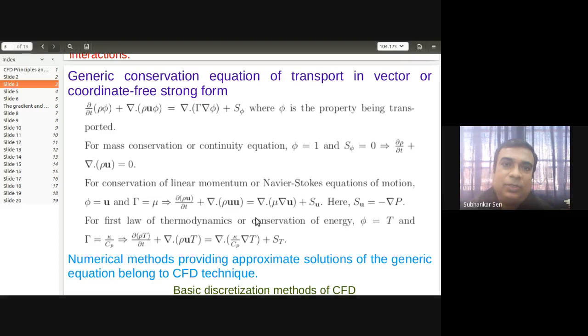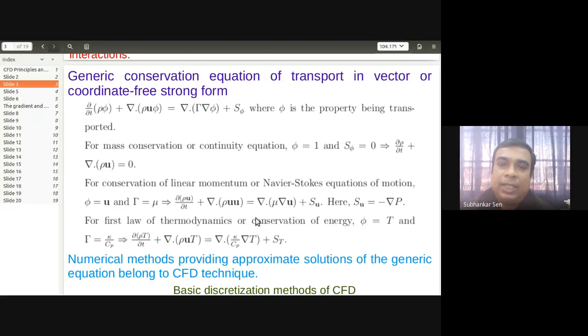So let us find out how we will derive the continuity equation from here. If we want to derive the continuity equation for mass conservation, we shall take phi as an intensive property. Okay. Intensive property means it is independent of the mass of the system. So we put phi equals to 1, and we say that there is no source of mass. This is a source term.